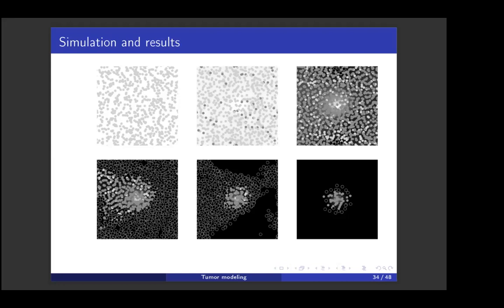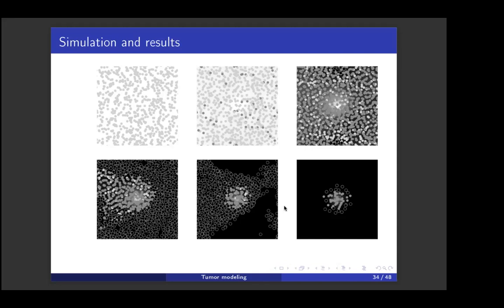The patch S, which is the vessel supplying the tumor with oxygen, is clearly visible due to its white background, and the quiescent cells die and are removed after being deprived of oxygen for a long period.